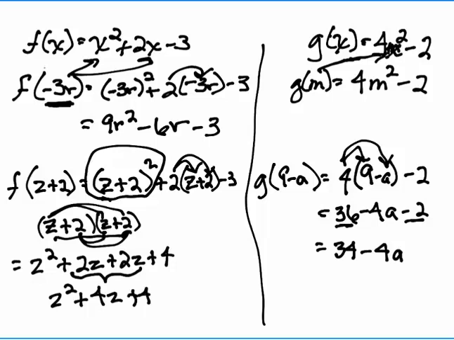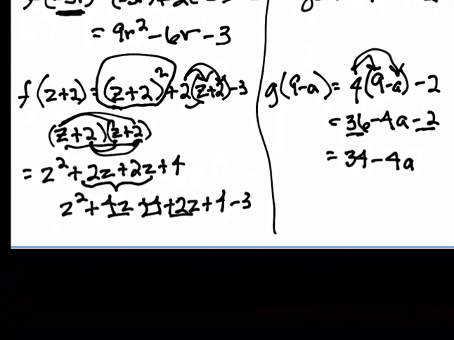Now we can bring in our distribution. So 2 times z gives me another 2z. 2 times 2 is a positive 4, and bring in our negative 3. Now you just simply combine all your like terms, which is the 4z and the 2z.